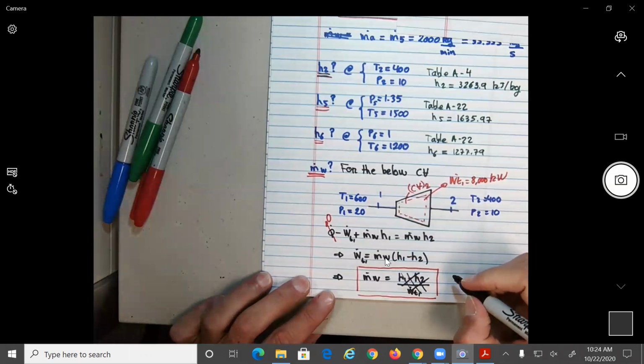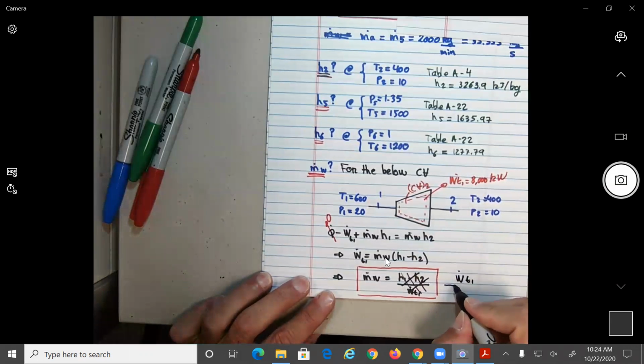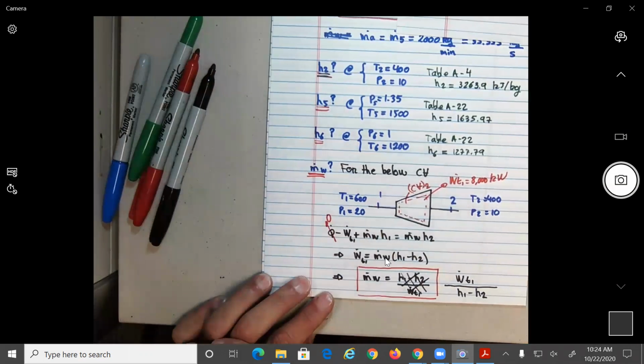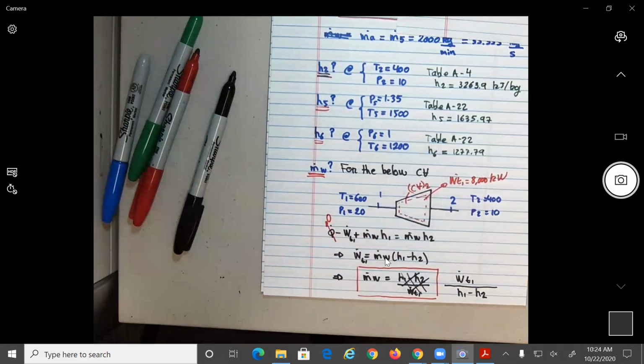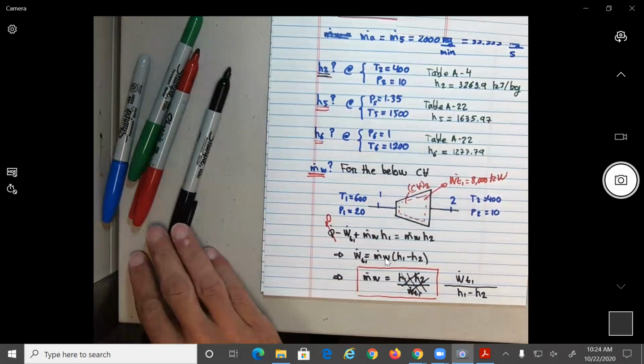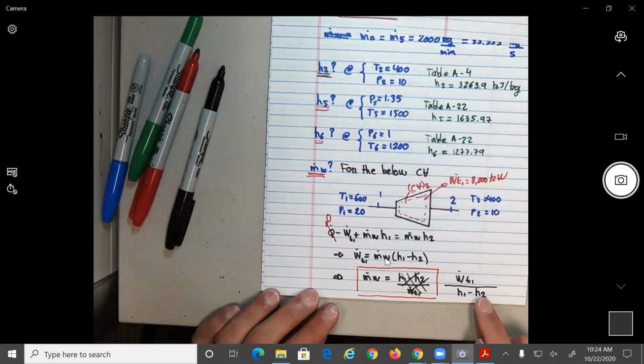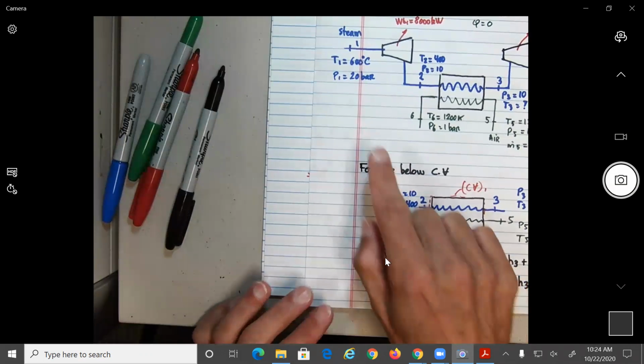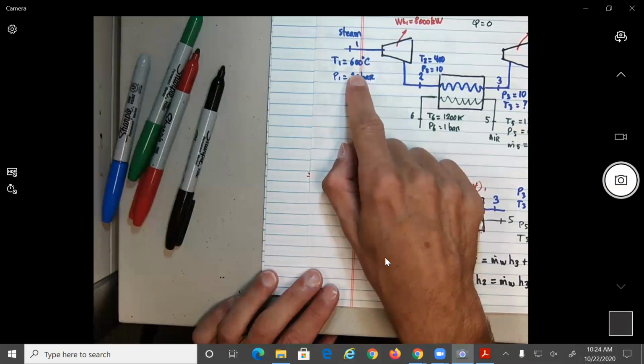The mass flow of the water will be equal to H1 minus H2 divided by the power of the turbine 1. No, so this will be equal to the power of the turbine 1 divided by H1 minus H2. Okay? So over here, I was just one step ahead. We know H2, we know the work of the turbine. We don't know H1, but can we find H1 as we did for the other ones? You can just go to the table.